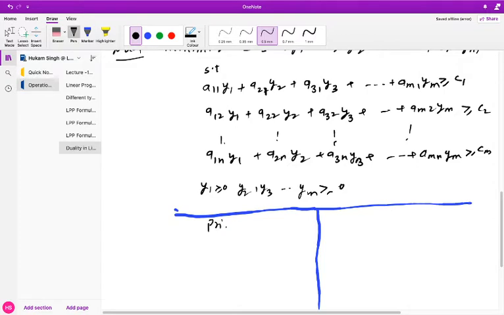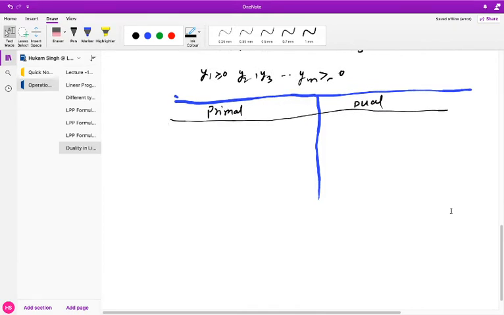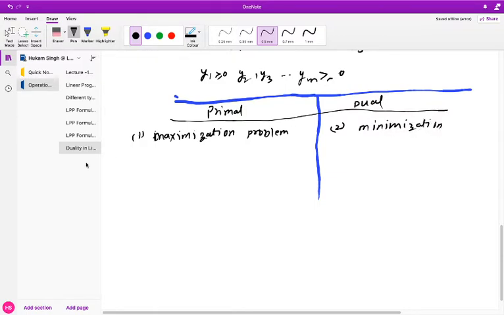Primal, and here dual. The first point: if the primal is a maximization, then the dual is going to be a minimization.